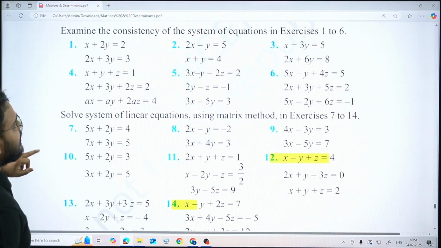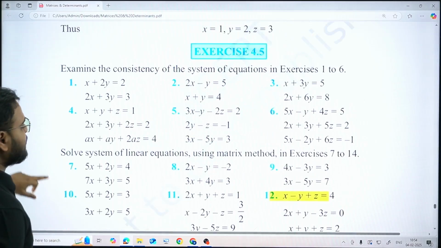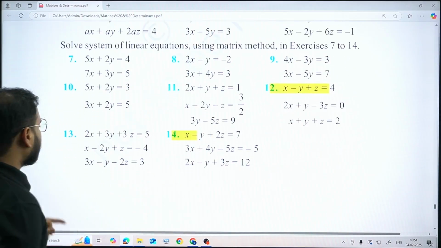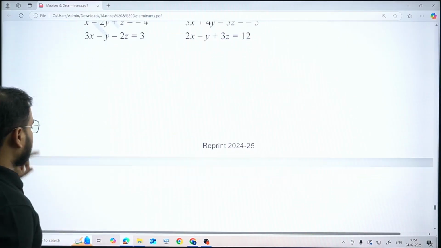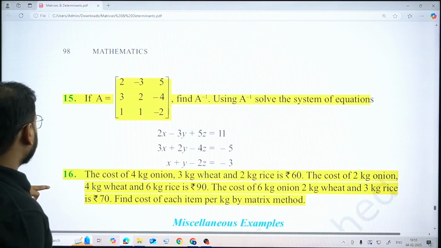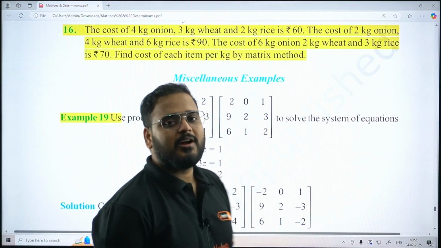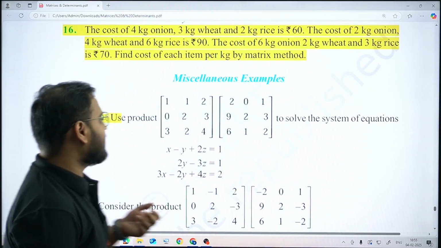So please solve this. Exercise 4.5: solve question number 12, question number 14, and then 15 and 16. That's all, this is all of your determinants. Let's look at the miscellaneous section also.